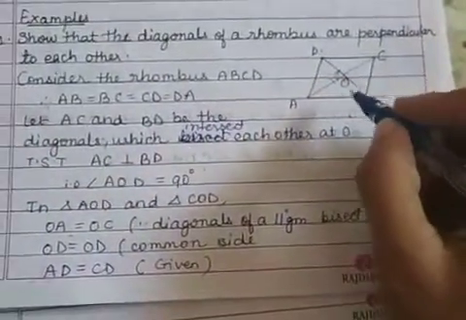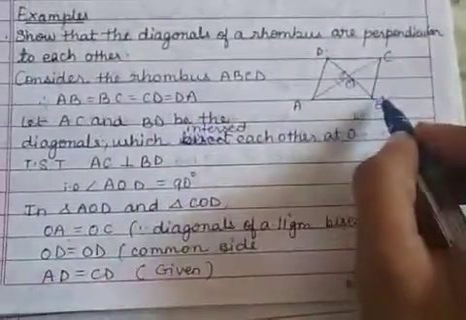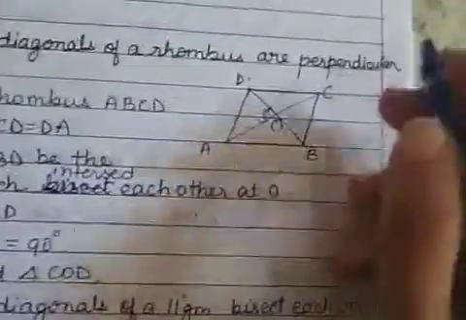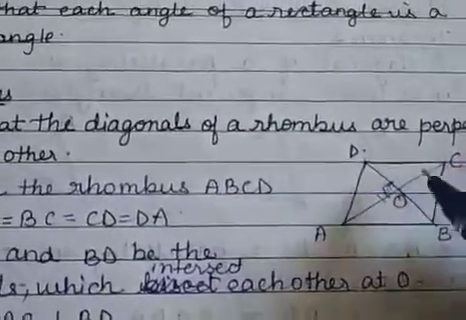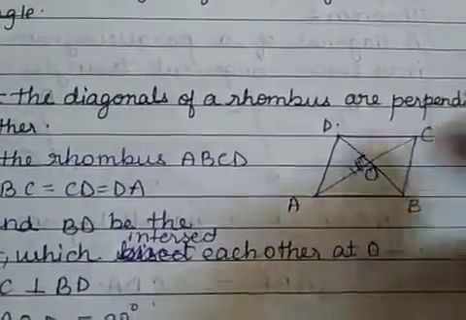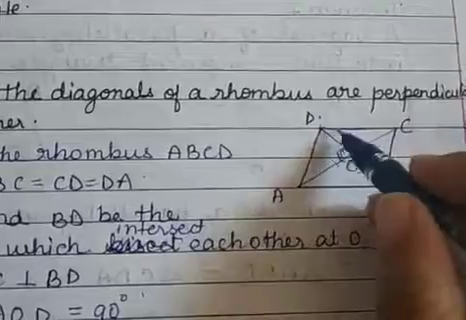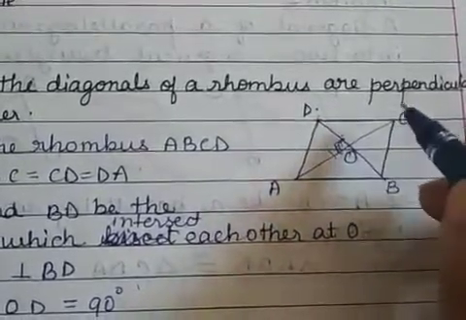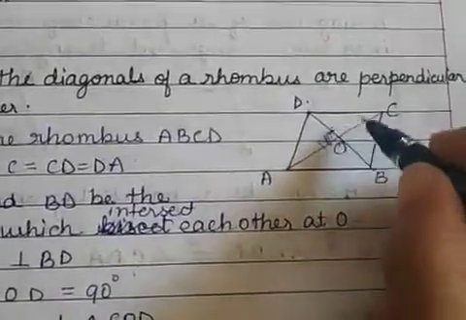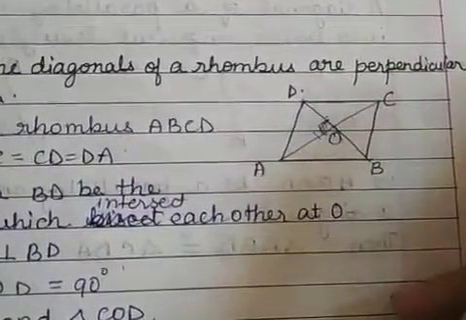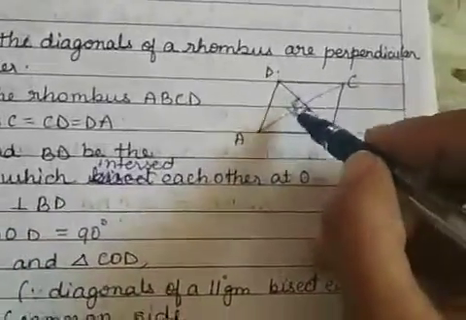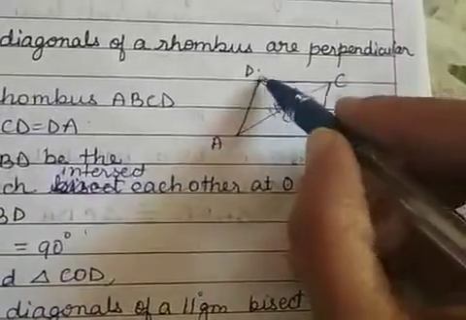We have to show that AC is perpendicular to BD. So if we show that one of these angles is 90 degrees, then you know that these two diagonals bisect each other at 90 degrees, right? So let us show that this angle is 90 degrees.